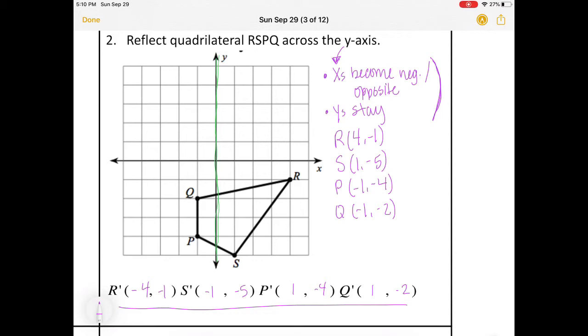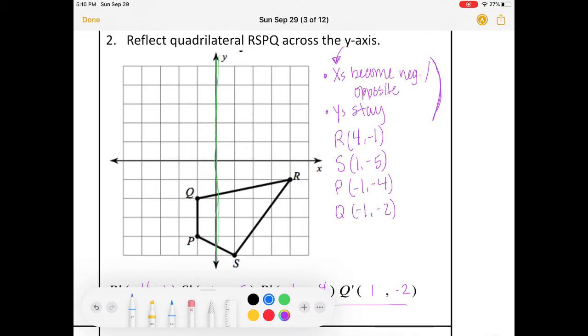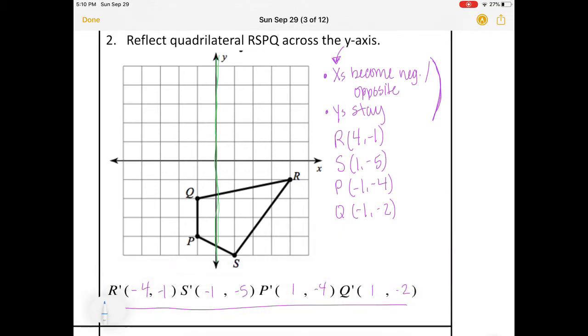All right, third step is to, well, we wrote our new coordinates and now draw them. Always redraw, remember. So (-4, -1). Let's plot that. 1, 2, 3, 4, -1. And that'll be R prime. Okay, (-1, -5). 1, 2, 3, 4, 5.